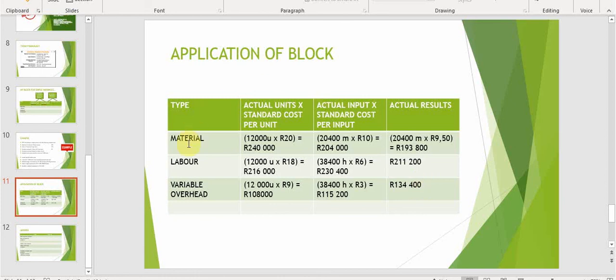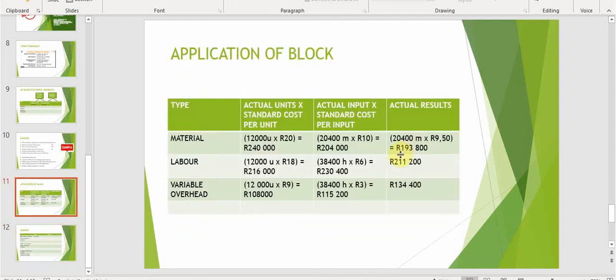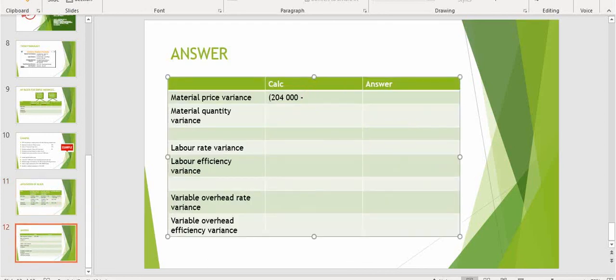In other words, the material price variance is going to be 204,000 minus 193,800. And that gives us an answer of 10,200.